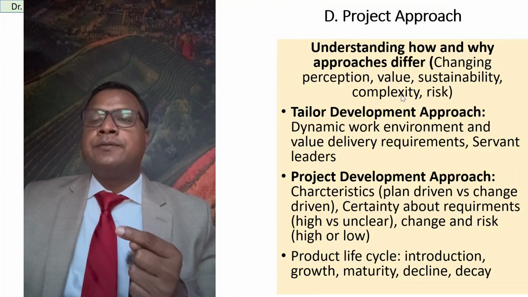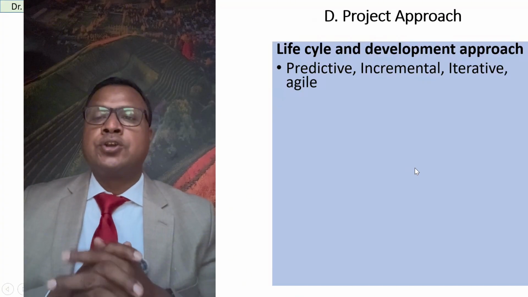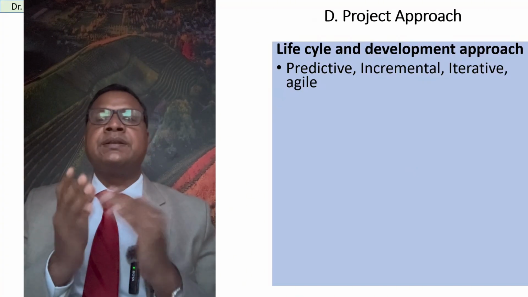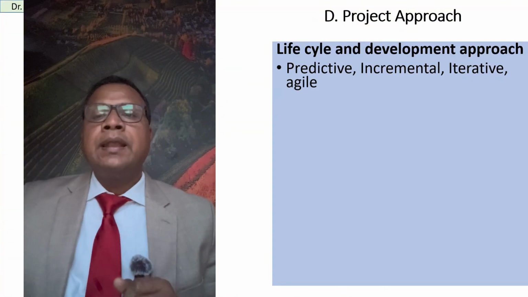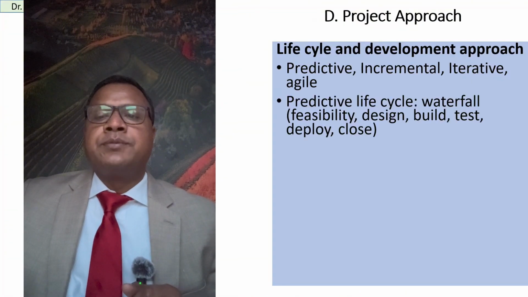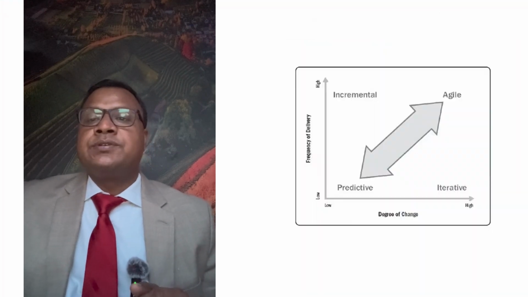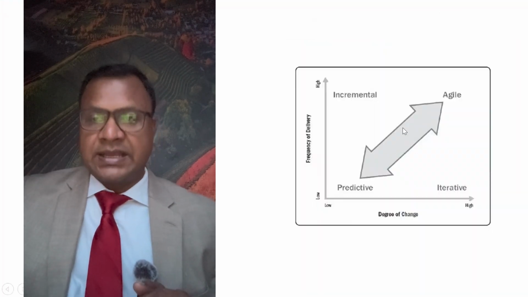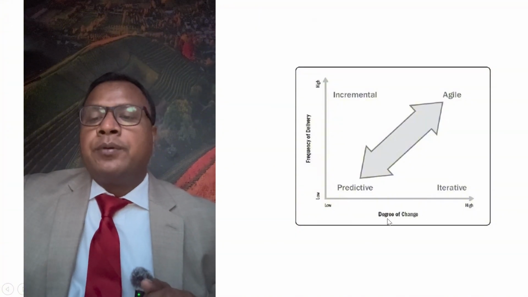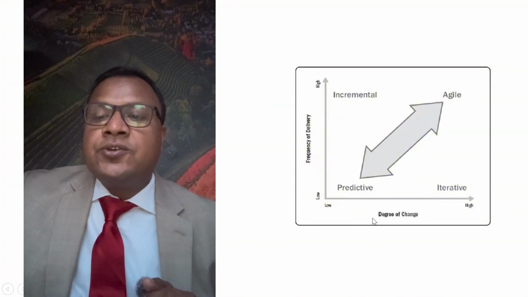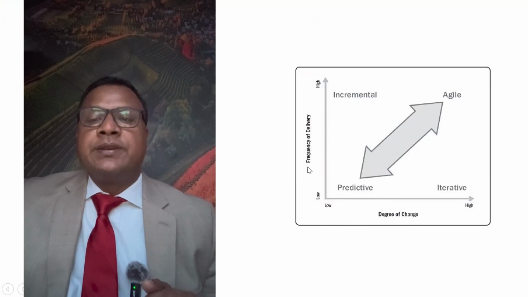Okay, so now we'll focus on the life cycle and development approach. We have predictive, incremental, iterative, and agile. I'm showing you this slide with a figure. Here you see the cursor in the slide. At the bottom we have the horizontal degree of change, and on the vertical side we have frequency of delivery.